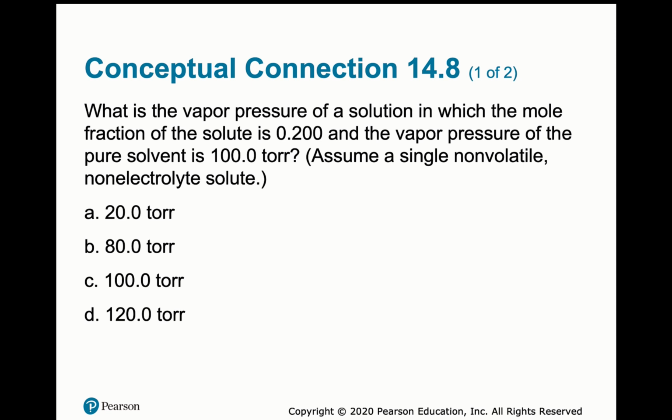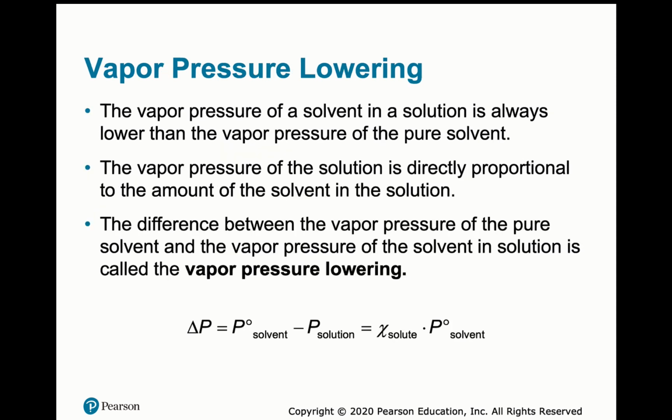What is the vapor pressure of a solution in which the mole fraction is 0.2 and the vapor pressure of the pure solvent is 100 torr? So it's just 0.2 times 100 torr, or 20 torr. So vapor pressure lowers. The solution always has a lower vapor pressure than the pure solvent, and this is also a colligative property.